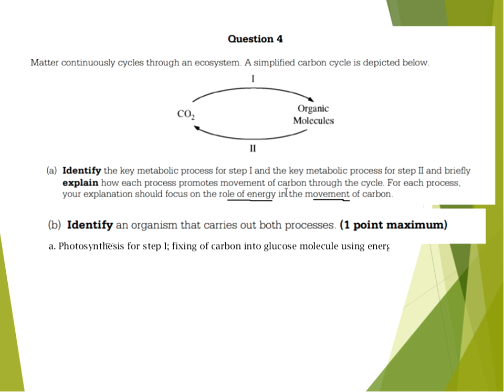And then for B, or well, not B, this is still A. For step 2, how does the organic molecule go back to carbon dioxide? Again, that's something we discussed today, and that would be the cellular respiration. That is done by the breaking down of glucose.